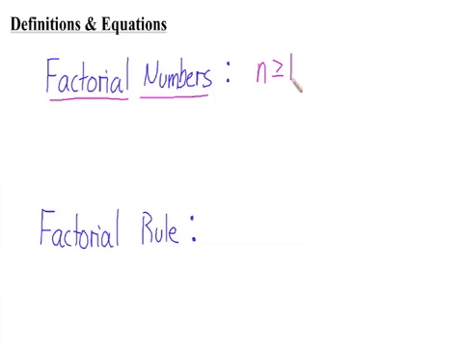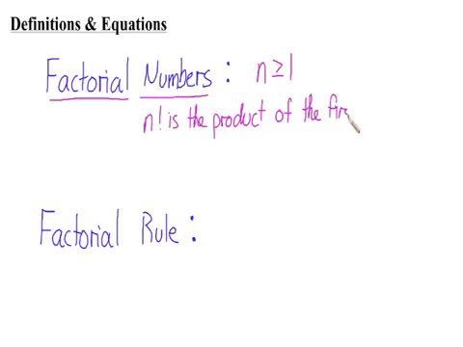And what this notation represents is, for any number n greater than or equal to 1, n factorial is the product of the first n positive integers.